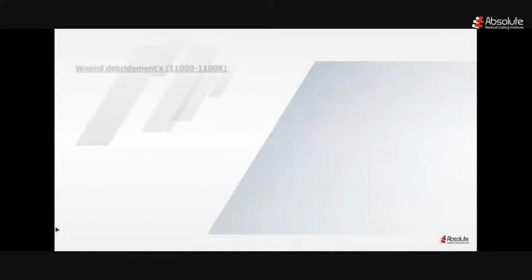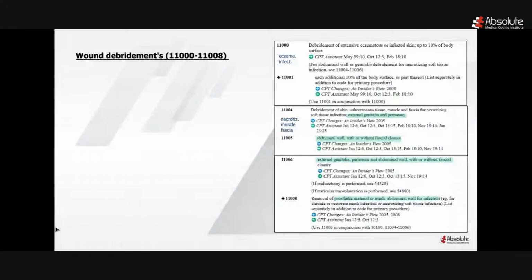Now let's break down the wound debridement codes, specifically the CPT codes ranging from 11000 through 11008. These codes are used when you are coding for extensive eczematous or infected skin, or for a necrotizing soft tissue infection. Those key words are very important.